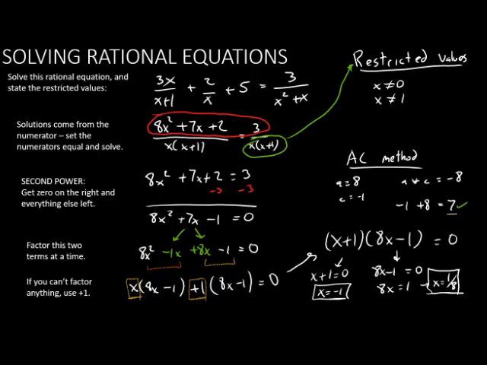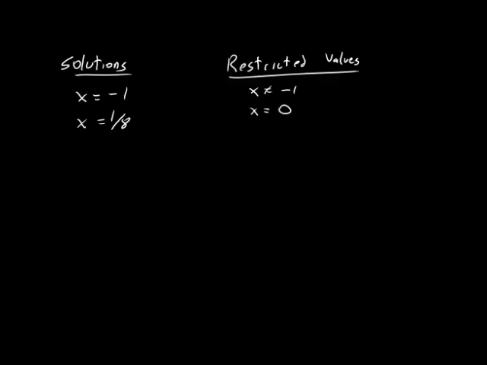Now we'll compare our solutions that we found against the restricted values. Our solutions that we found were negative 1 and positive 1/8. We also have restricted values at negative 1 and 0. Our first solution, we can see, is also a restricted value.